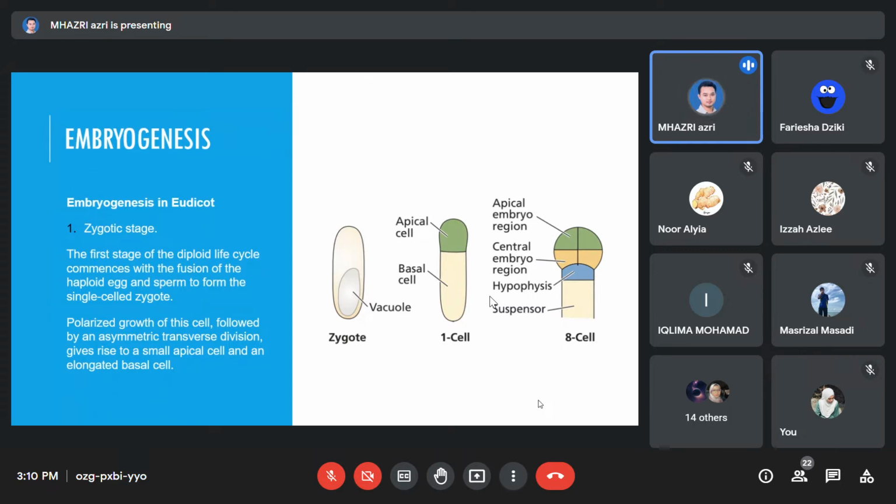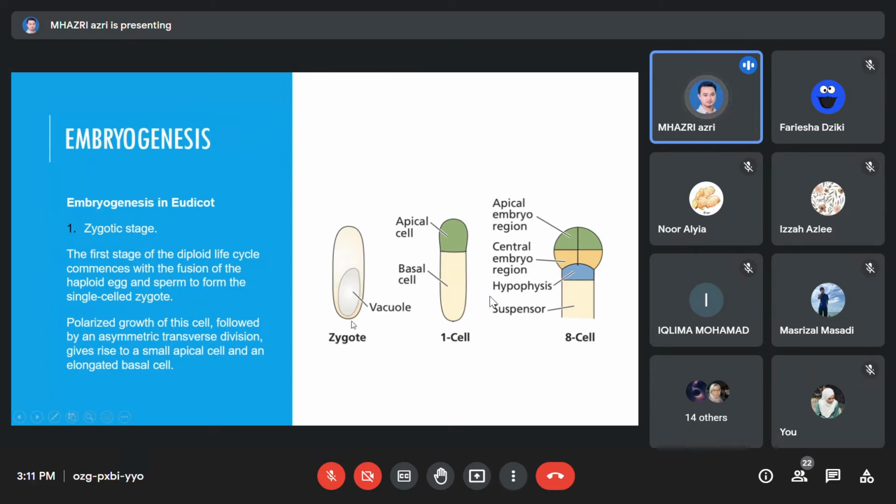The sperms and ovums contains haploids, half of genetic materials in plants, only one n. After the fusions of sperms and also ovums, it will form zygotes. Okay, so this is zygote.